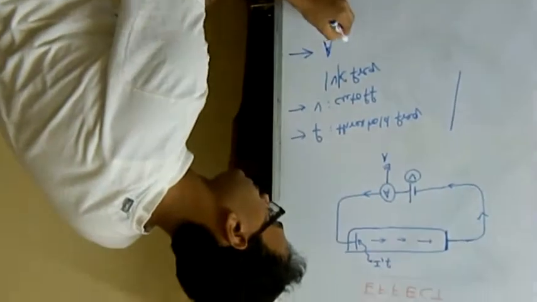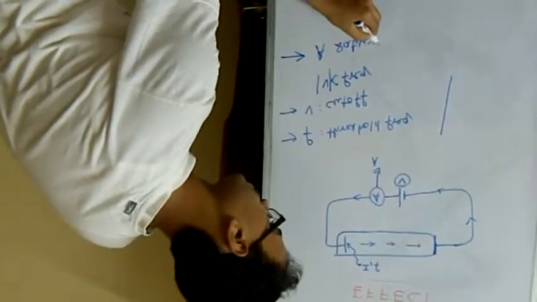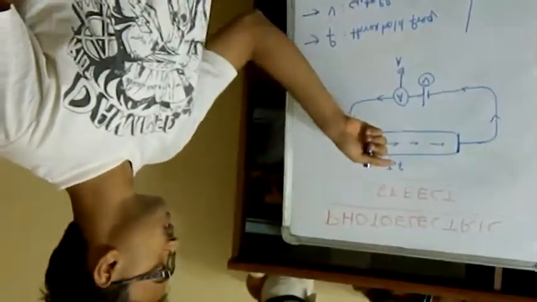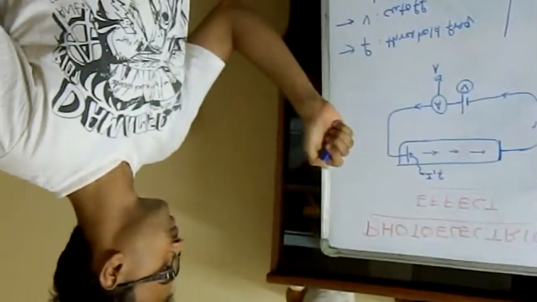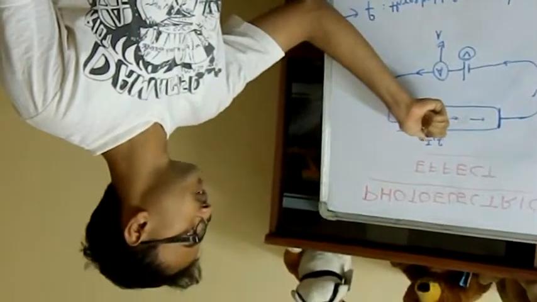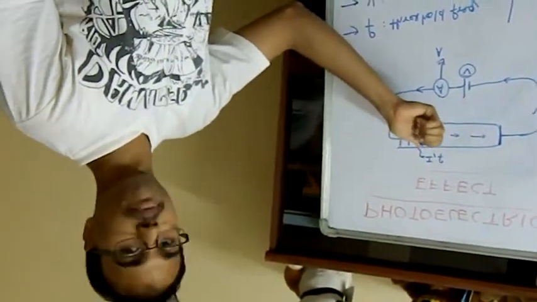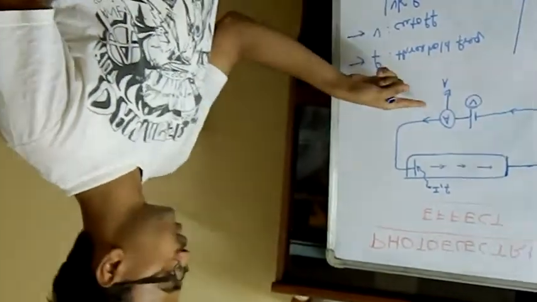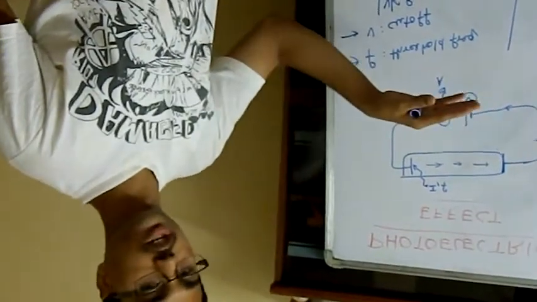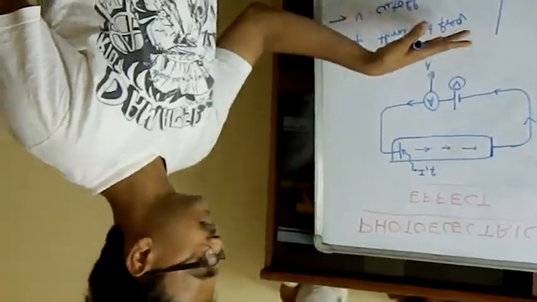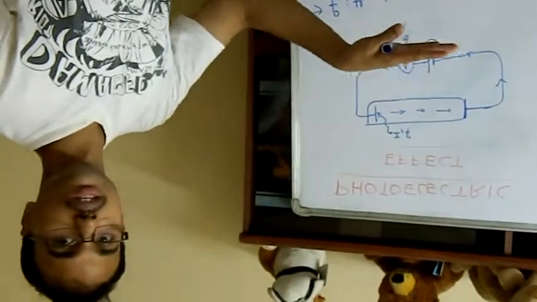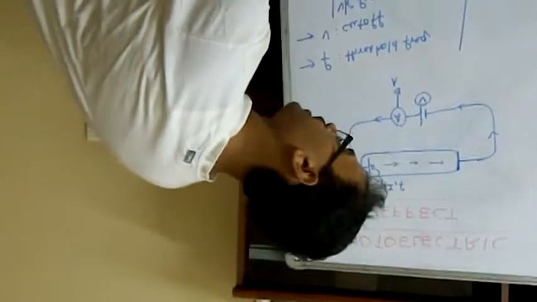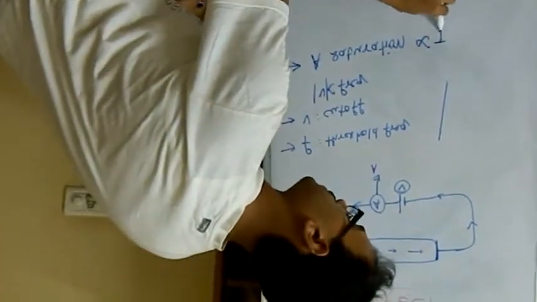Third, saturation current. When the frequency and the intensity of the radiation are kept fixed and the voltage is increased, the photocurrent increases and saturates to a particular value, and this saturation value is directly proportional to the intensity of the radiation.